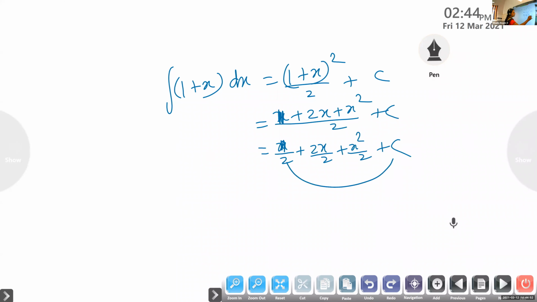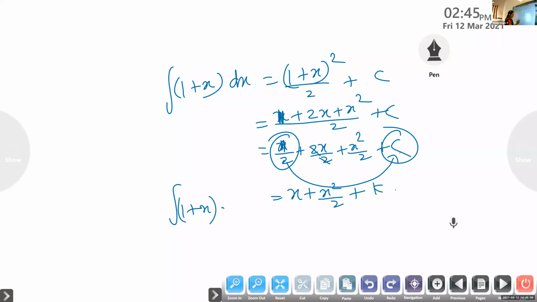Now 1 by 2 is a constant, c is a constant. These two constants we can combine and take as a single constant. So you will get x plus x square by 2 plus some constant. Now look at the other method. What is the method Aishwarya used here? She integrated each term separately. What is the integral of 1? x.